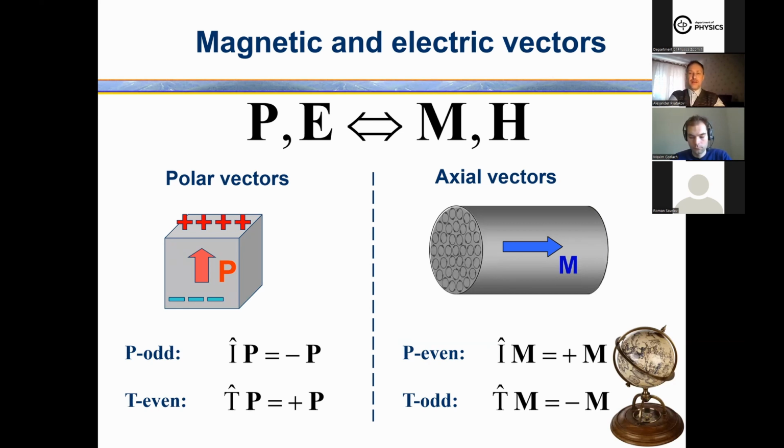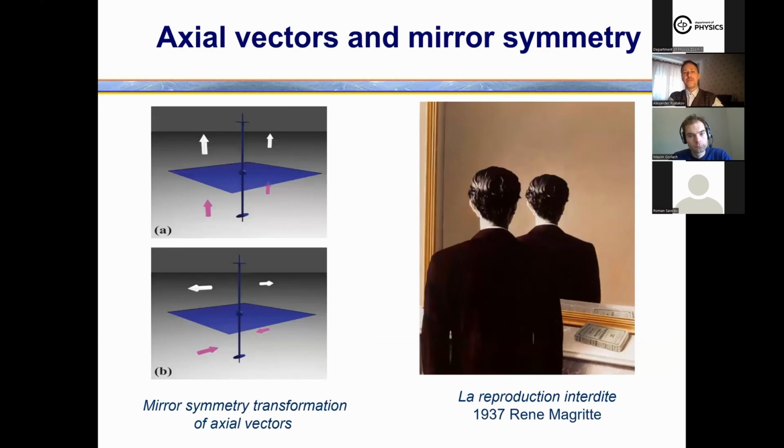And they are not usual conventional vectors. Maybe the most vivid example of this is their transformation in the mirror, the mirror symmetry. We can see here that the axial vector reflects, and the reflection is the same axial vector.